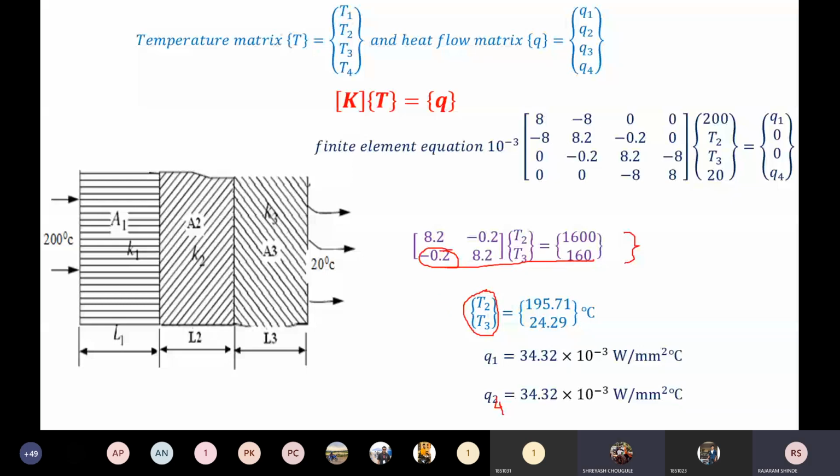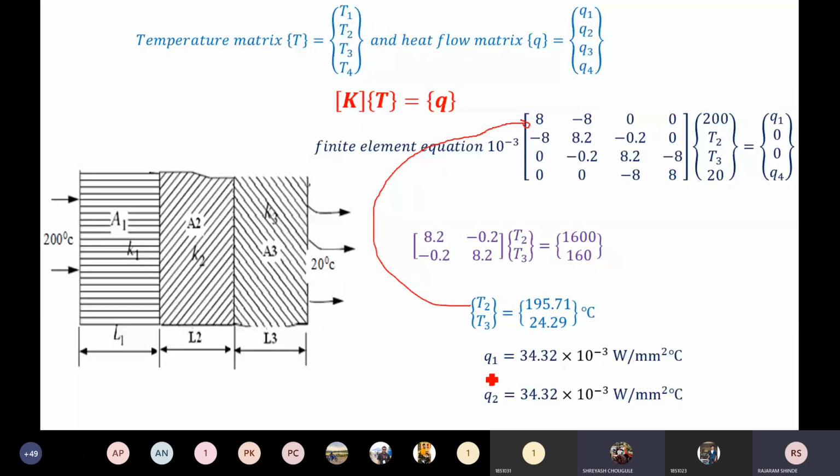After getting that, Akshay Shinde, did you understand how to do this? Then the value of T2 you put in the first equation. It becomes 8 into 200 minus 8 into T2, meaning this 195.71, that is equal to Q1.